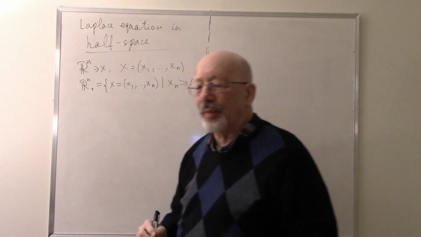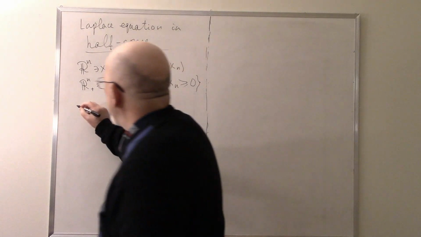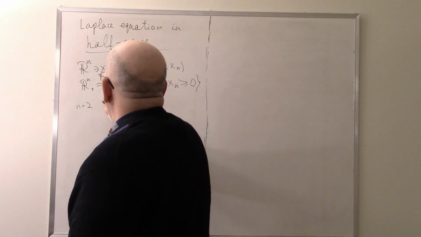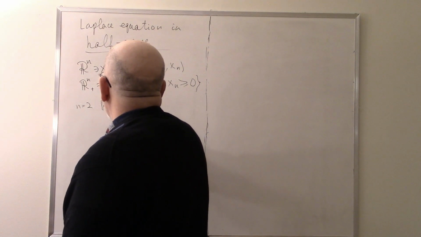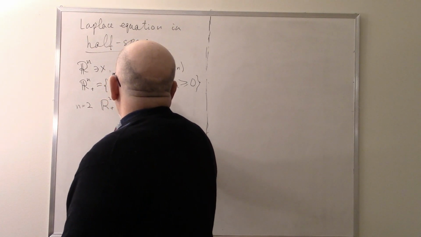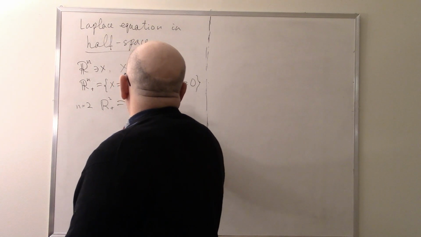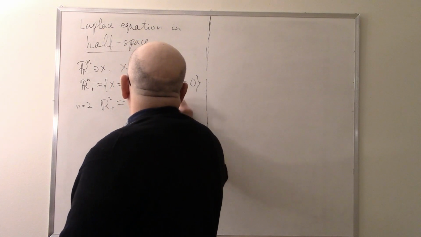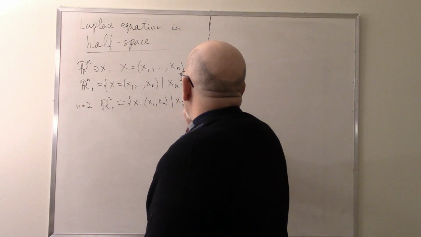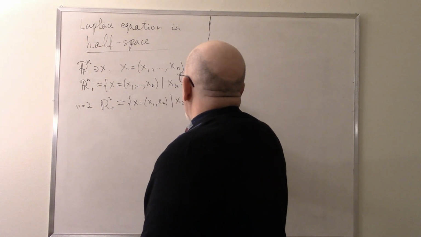Now, in particular for n equal 2, it's already an interesting case. R2 plus is the set of x equals x1, x2, such that x2 more or equal than 0.